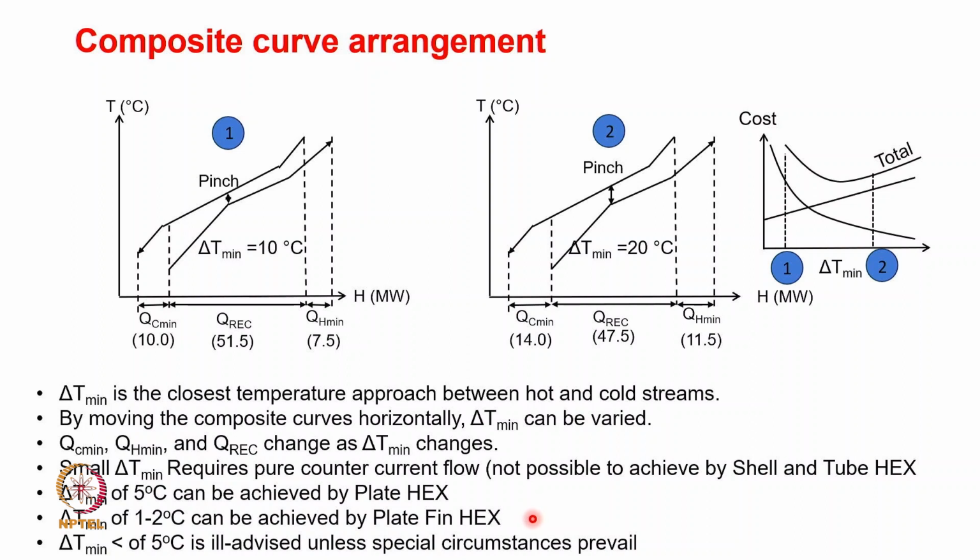And in terms of operational practicalities, typically we limit the delta T min to 5 degrees C, and anything below 5 degrees C is ill advised. So it's not very easy to realize in practice.